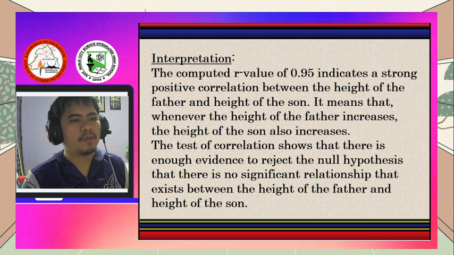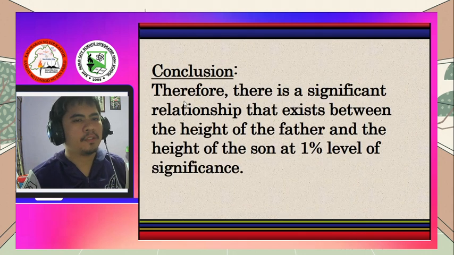It means that whenever the height of the father increases, the height of the son also increases. The test of correlation shows that there is enough evidence to reject the null hypothesis that there is no significant relationship between the height of the father and the height of the son. And in our conclusion, therefore, there is a significant relationship that exists between the height of the father and the height of the son at 1% level of significance.